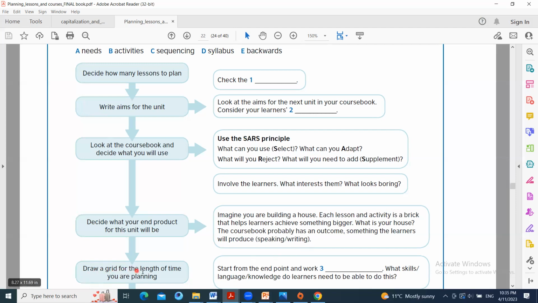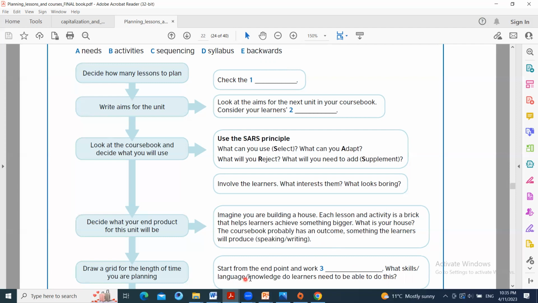Draw a grid for the length of time you are planning. Start from the end point and work what? Work backwards. Work backwards.